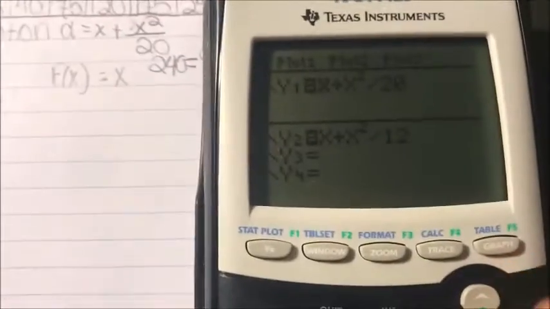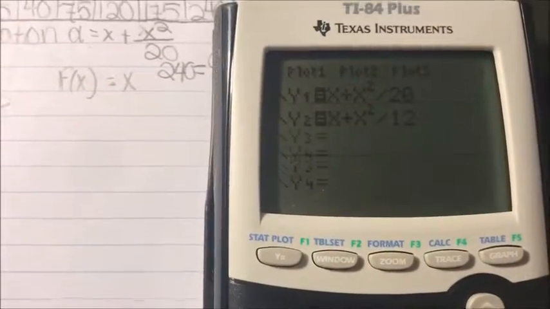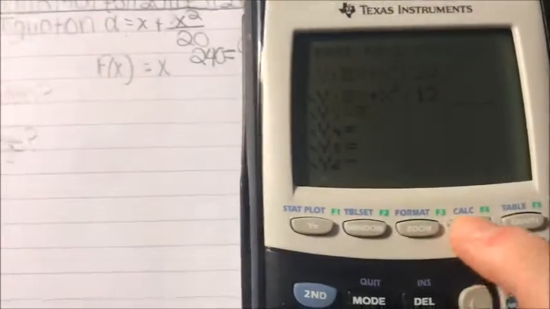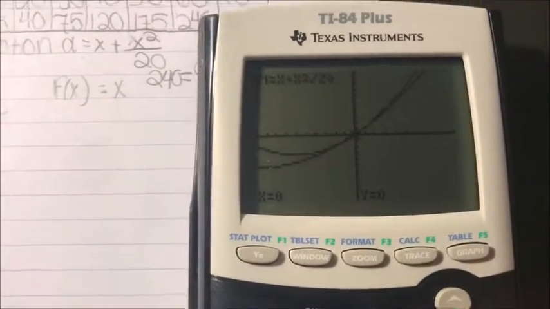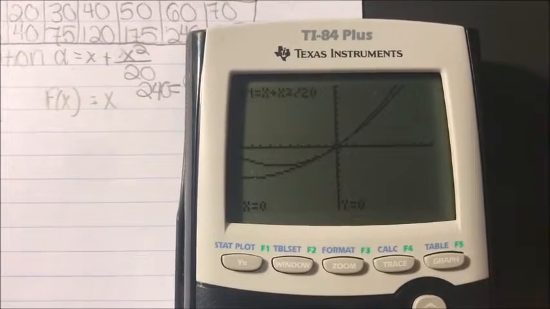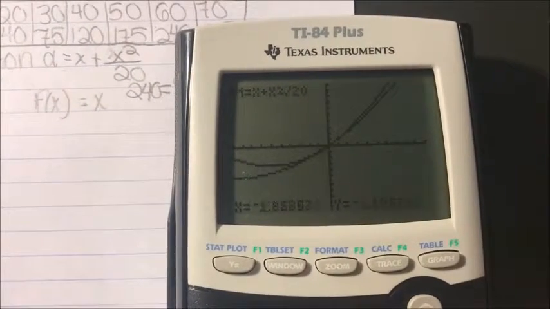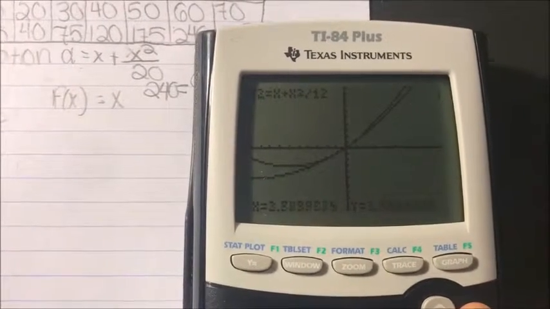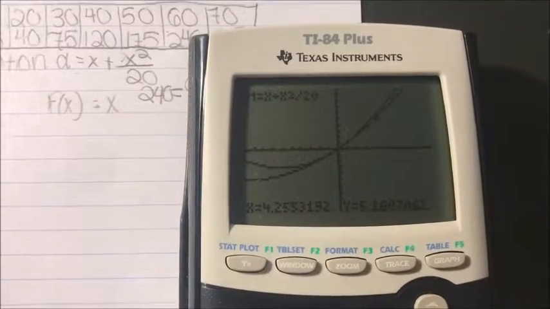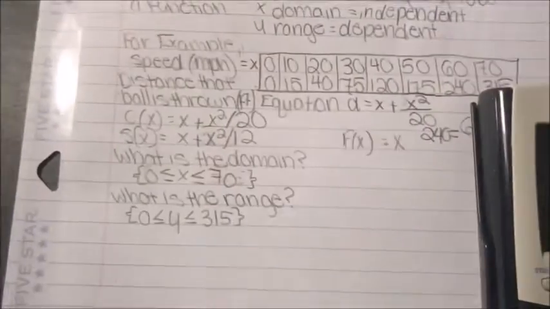Then if I go to my y equals, I put in the two equations, and if I hit trace, it will come up in my standard graph. It will have all the ordered pairs for their equation, and I can go on both.